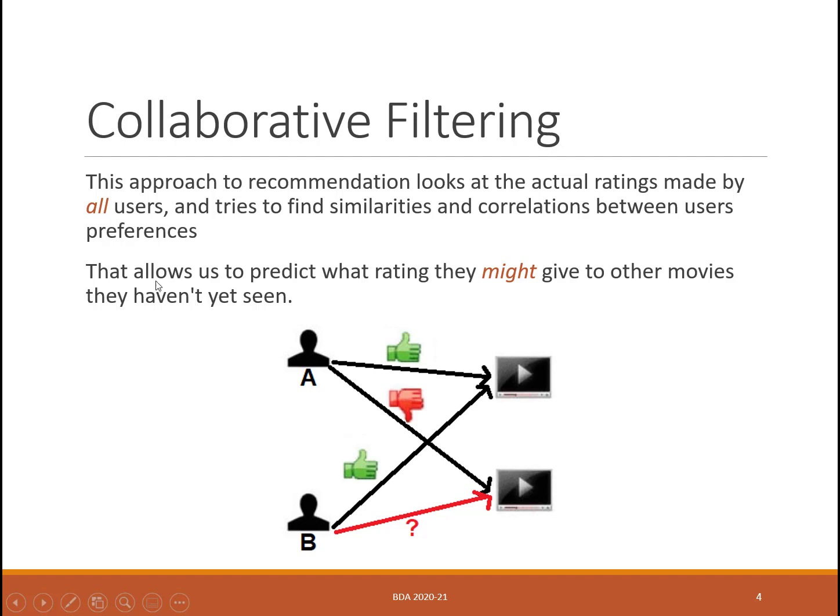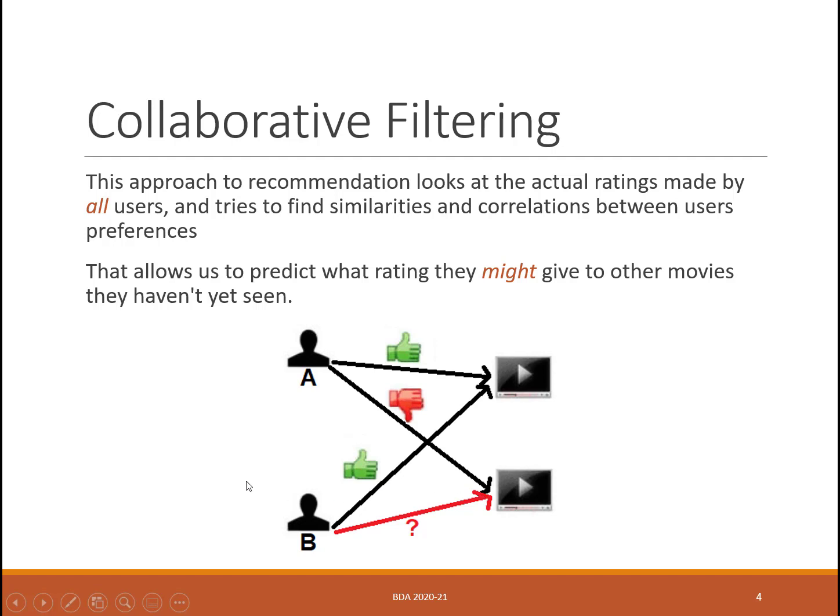The underlying assumption of this approach is that if person A has the same opinion as person B on a given item, such as a movie, person A is more likely to share person B's preference on another movie than that of a randomly chosen person.